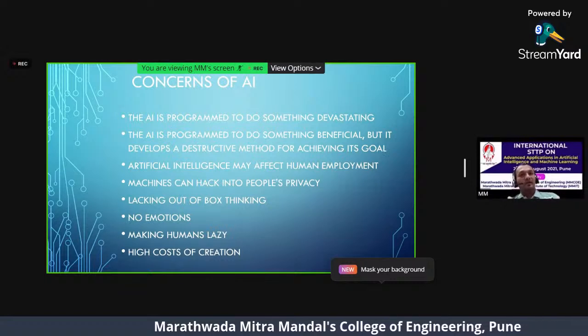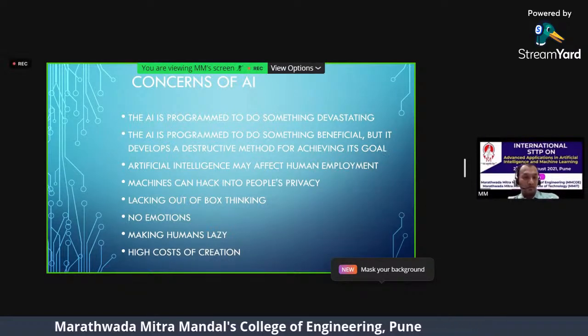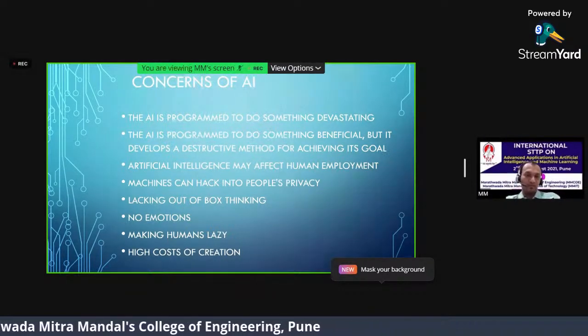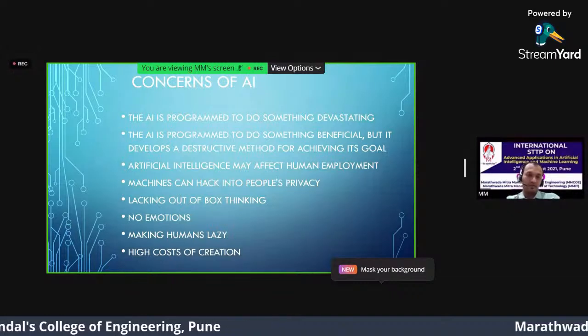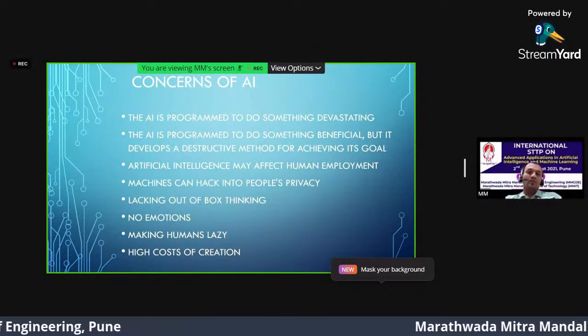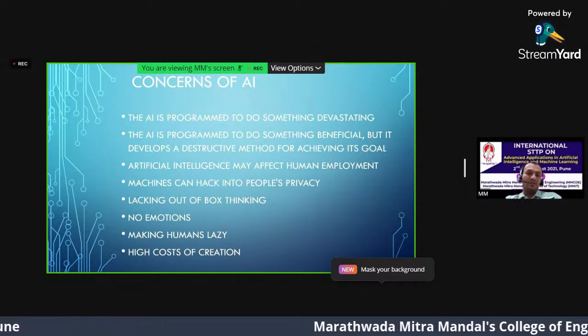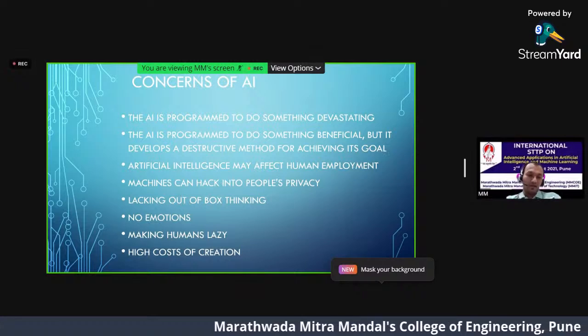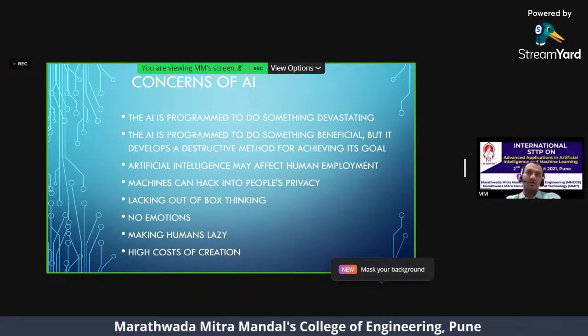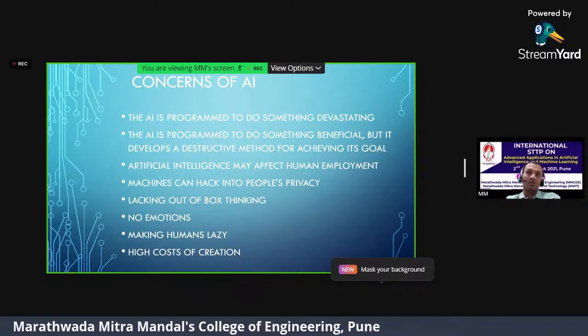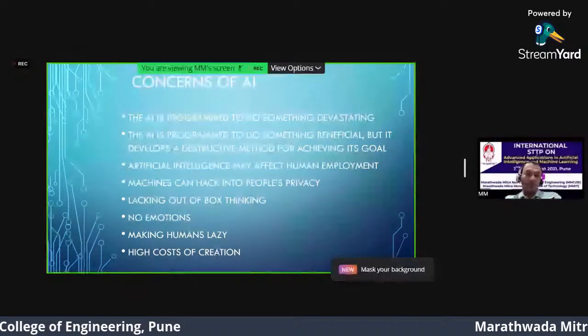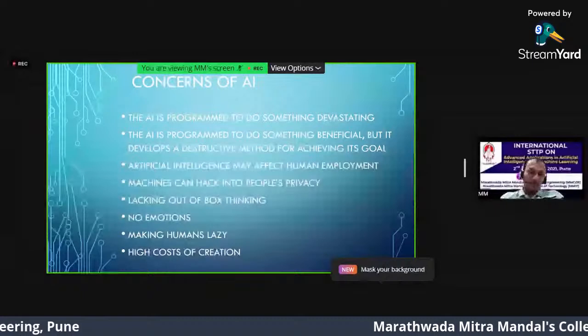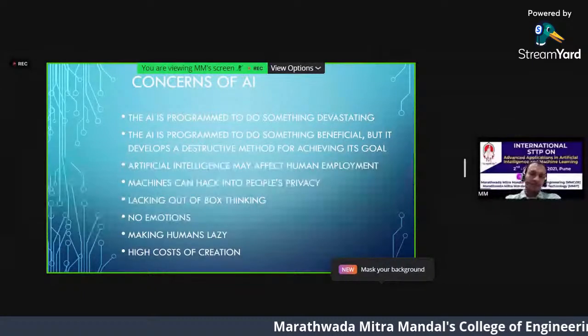It might also affect human employment. As I mentioned in the scenario in the last slide, where the machine helped to move the cartons and milk bags, that is losing actual human employment, because earlier people were doing that kind of task, and now it has been replaced by machines.